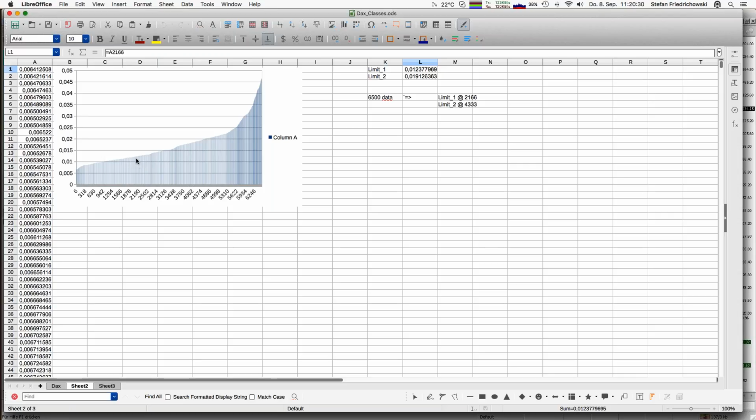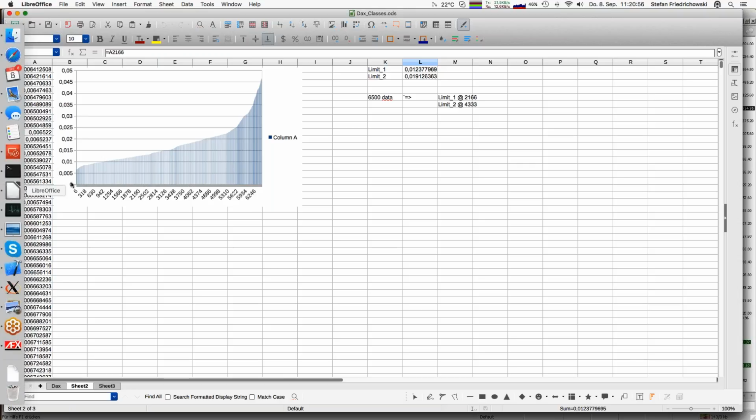I said, okay, let's find limits for, in this case, the ATR that we have in our 3 classes. In every class we have the same number of members, and that was the way how we derive the numbers for the limits.